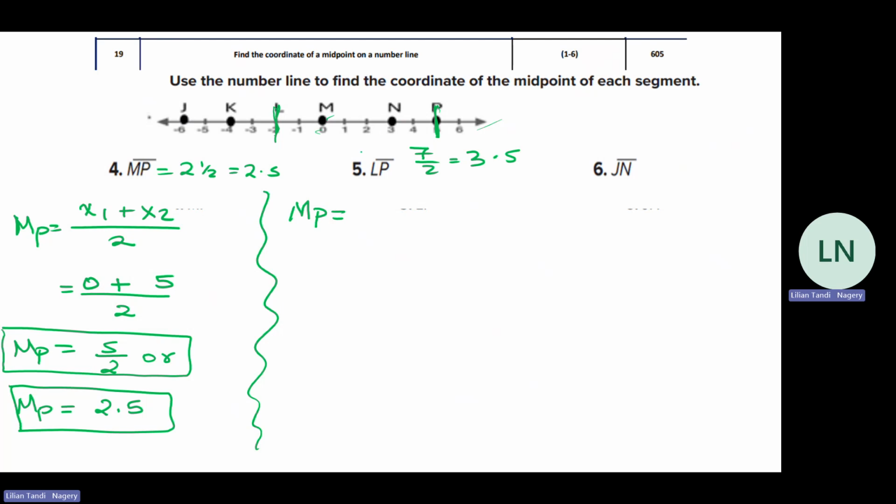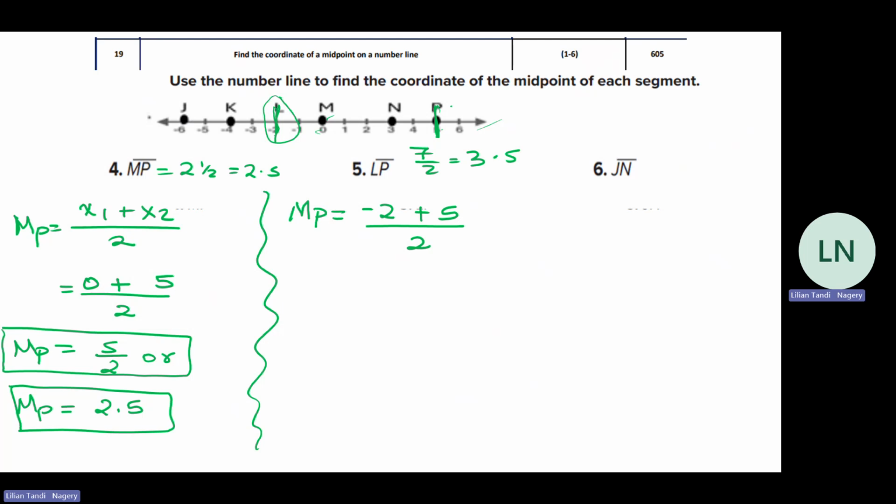That doesn't look okay. Let's just check with the Kanun. What is it? -2 plus 5 divided by 2. Am I doing it correctly? Or do I want L to P? L to P. Okay.